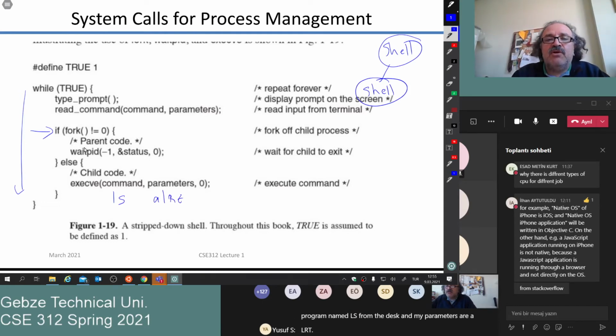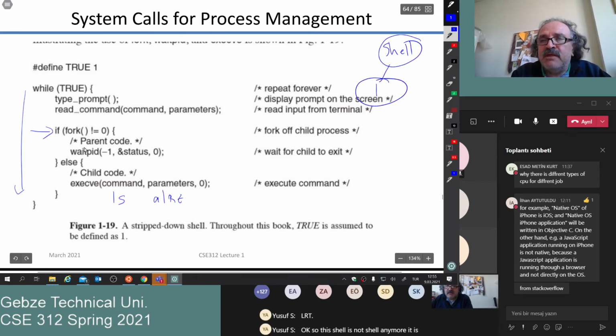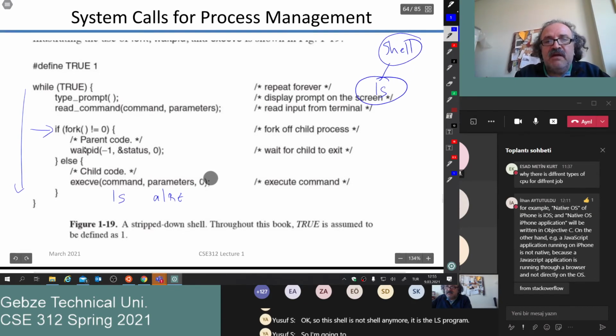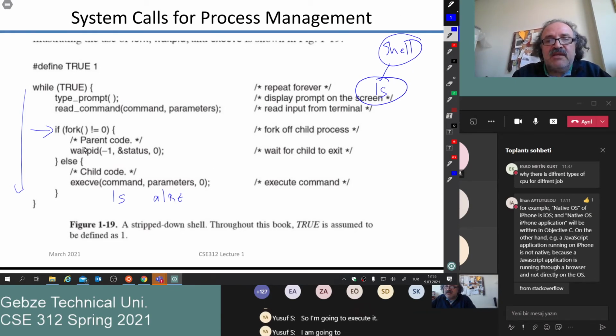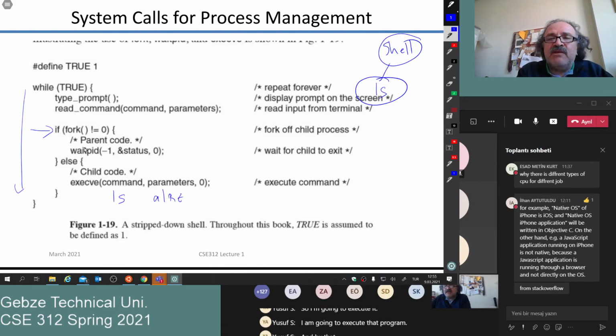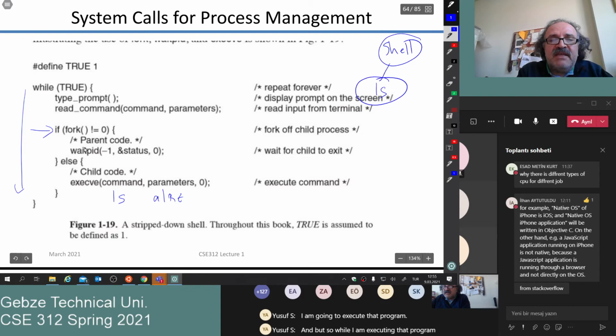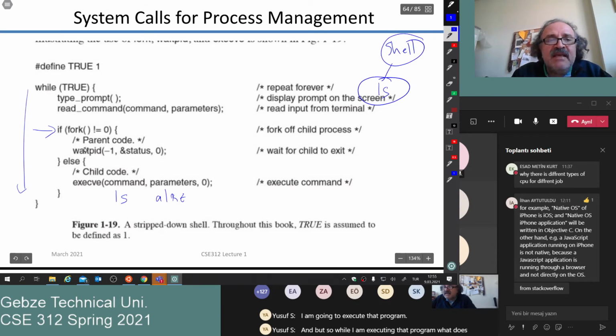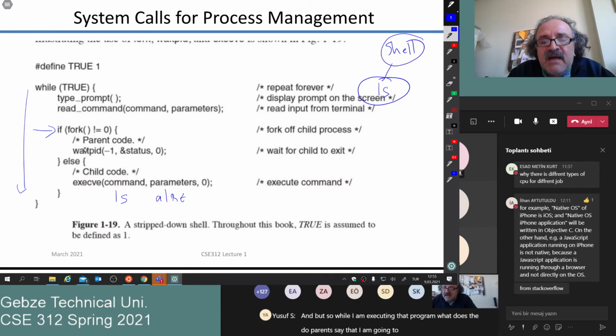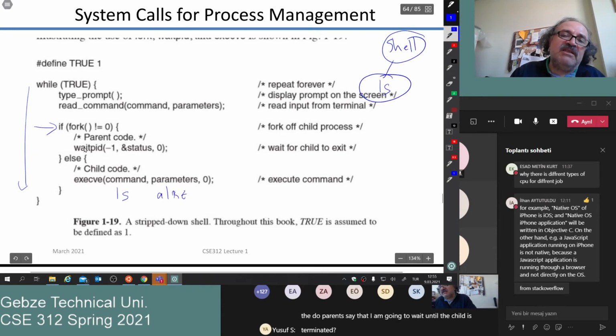So this shell is not a shell anymore, it is the ls program, and I am going to execute that program. While I am executing that program, what does the parent do? The parent says that I am going to wait until the child is terminated. So the shell doesn't do anything, it is just waiting.